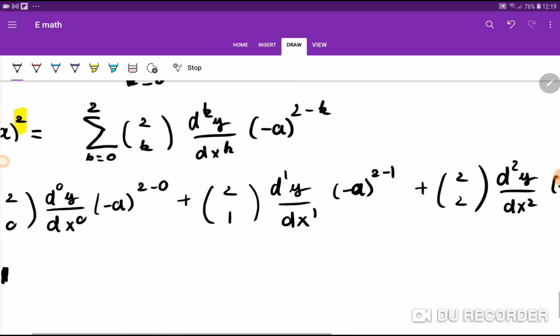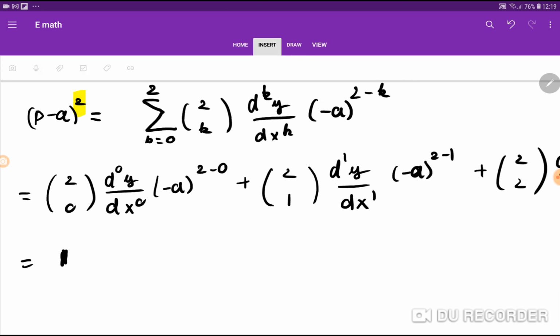Now, that being said, this equals 1. What does d^0 y over dx^0 mean? It means you take the derivative of the function y zero times. You take the zero derivative of the function y. What will it be equal to? Can you guess?